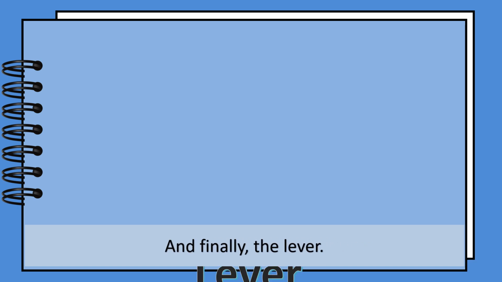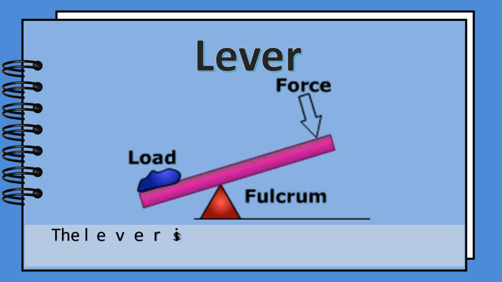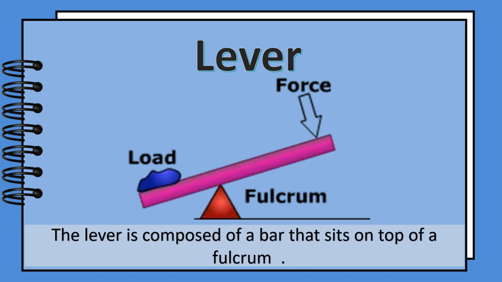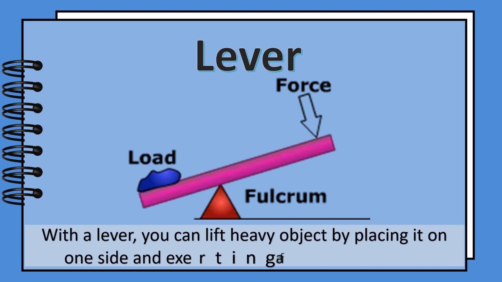And finally, the lever. The lever is composed of a bar that sits on top of a fulcrum. With a lever, you can lift a heavy object by placing it on one side and exerting a force on the other side.